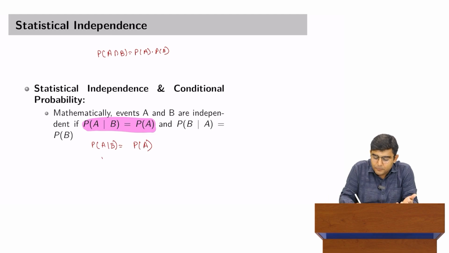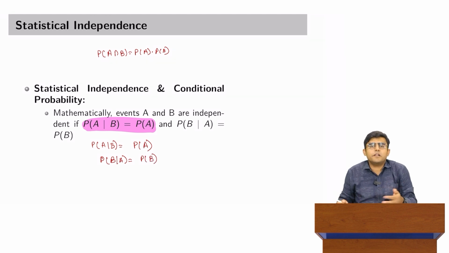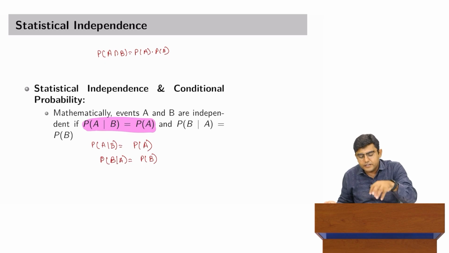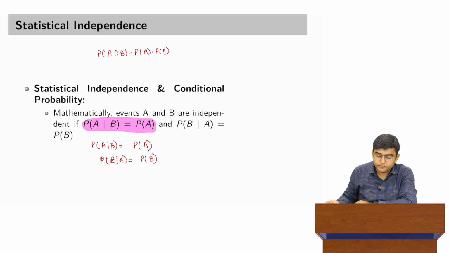Hence, probability of B given A can also be written as probability of B, because it does not matter if we know anything about A when determining probability of B. These two events are independent, and that is also captured in this notation of conditional dependence.